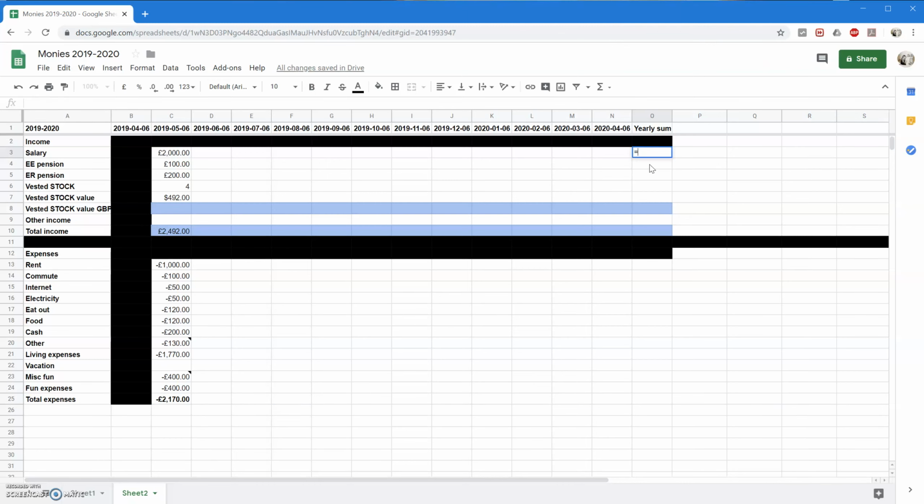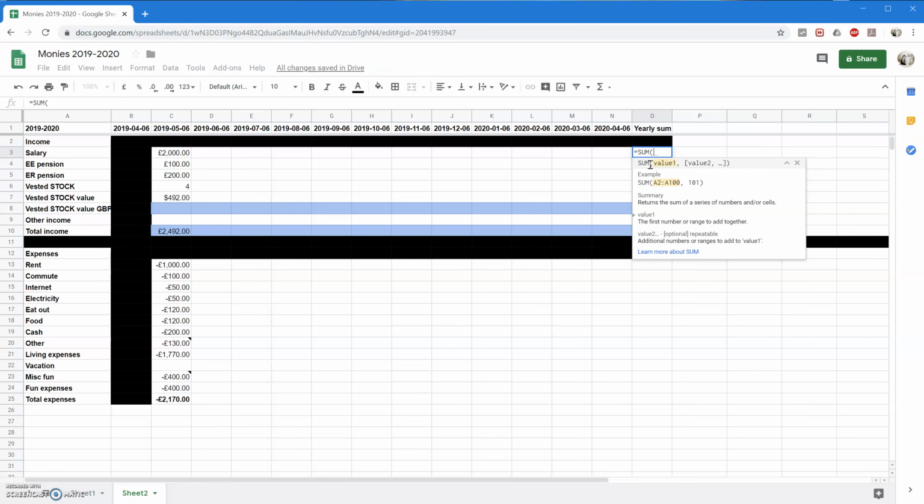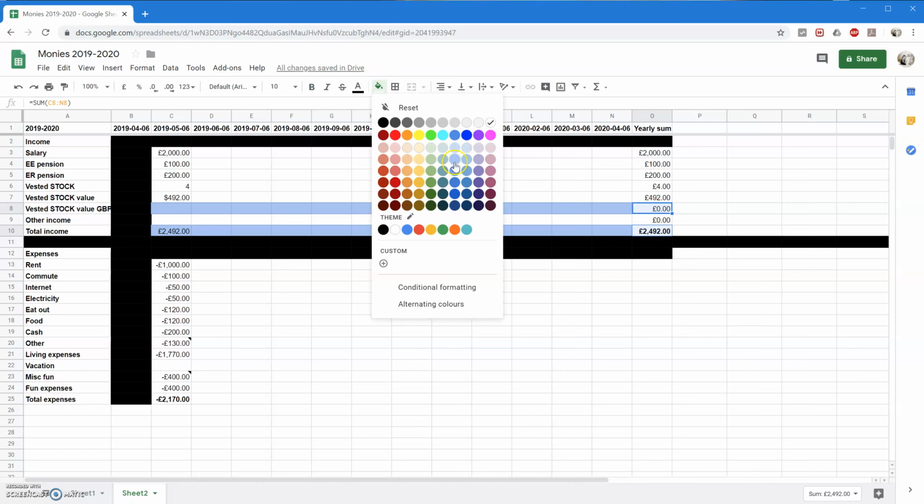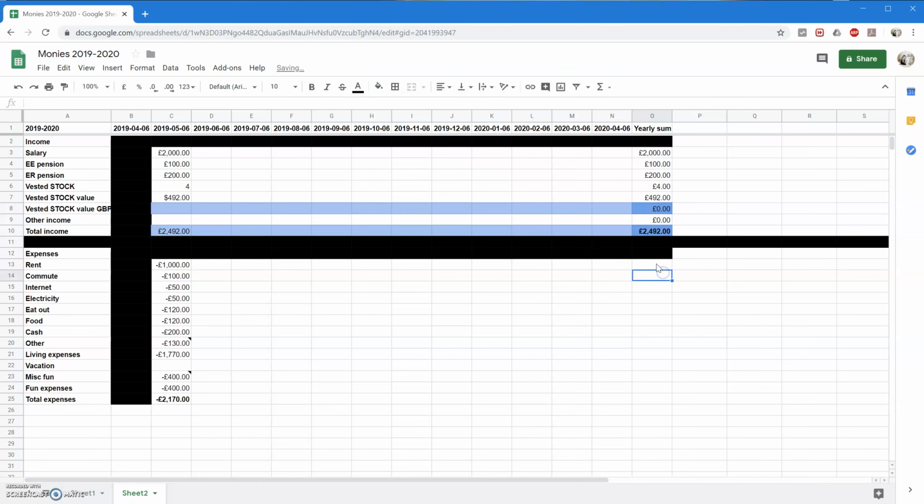Let's go back to income and sum that up. So it's C3 to the 3. There. And total income being that. Actually, let's do this.